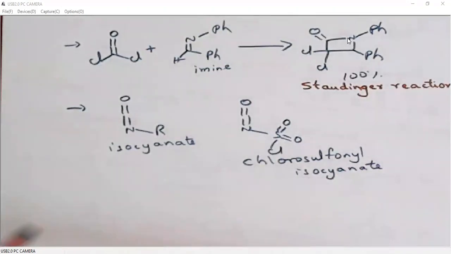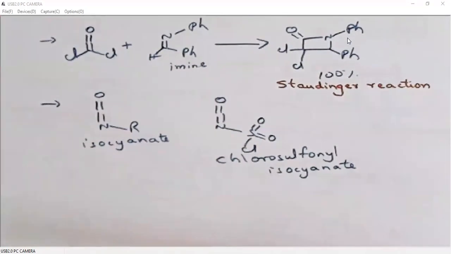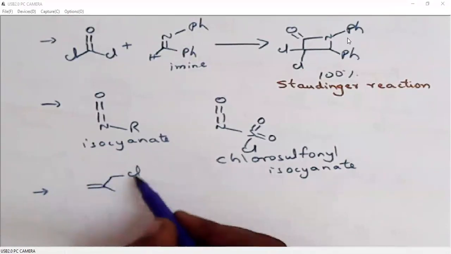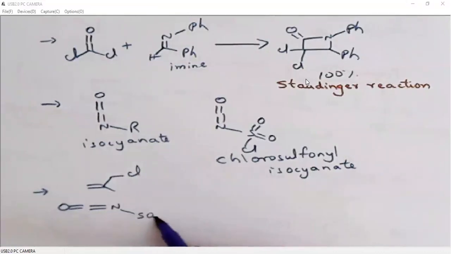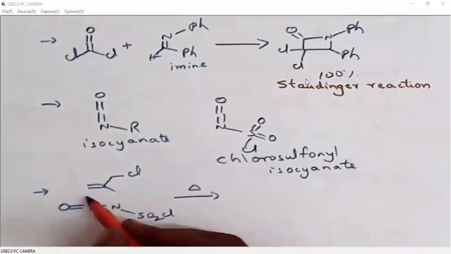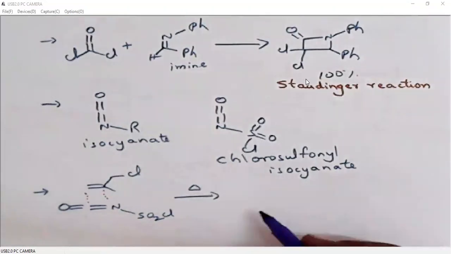So these things can be used for 2+2 cycloaddition reactions. Isocyanates can be used for 2+2 cycloadditions like ketenes. When we heat this, it will undergo a 2+2 cycloaddition like this. So what we will get is again a four-membered heterocyclic system.